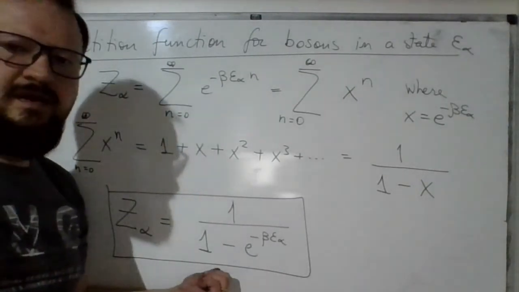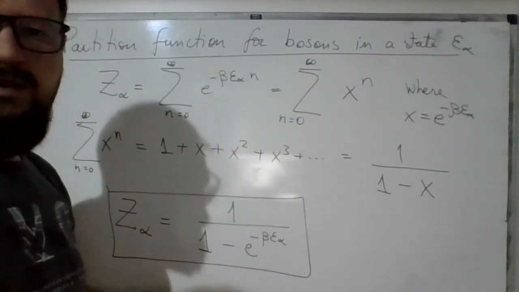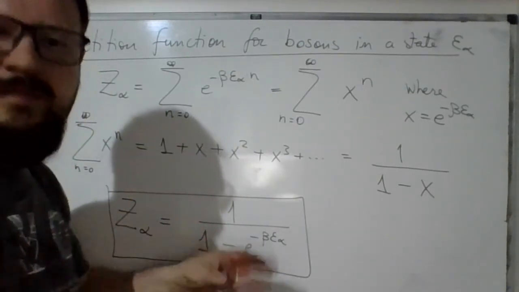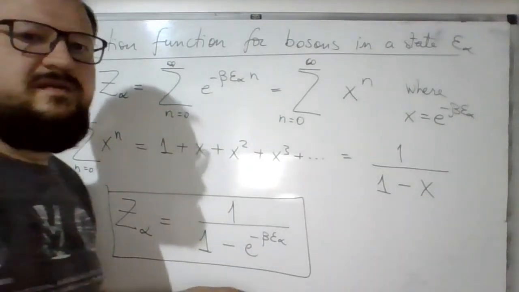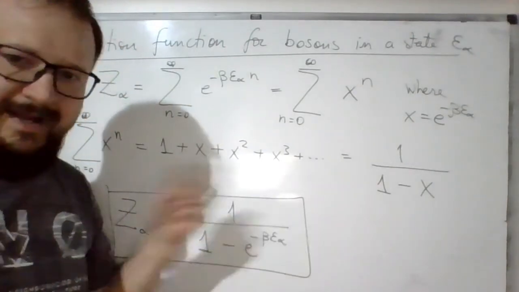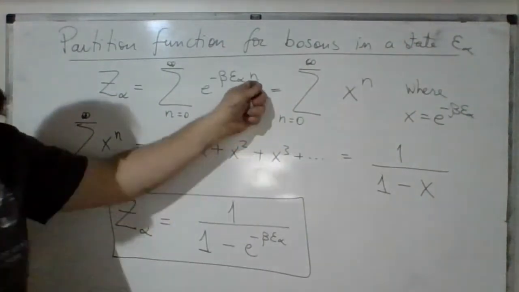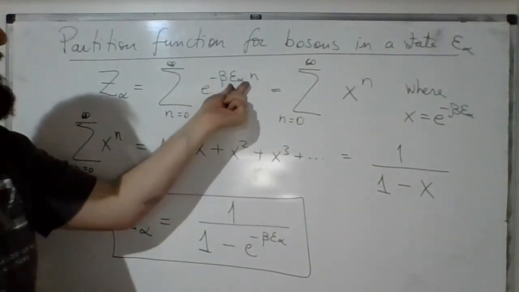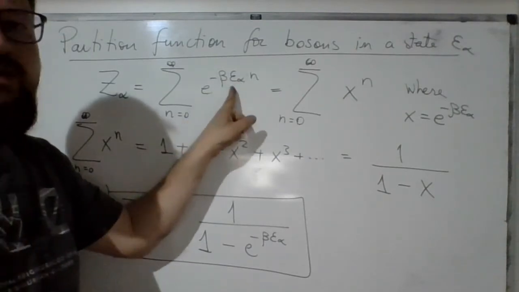This is a very important result. It was not derived in the present form. It was derived first in the study of black body radiation by Planck, who introduced this concept of quanta of a given unit of energy, E alpha.